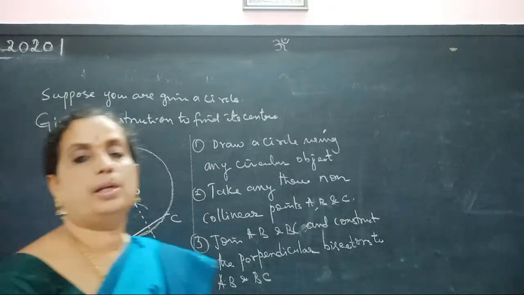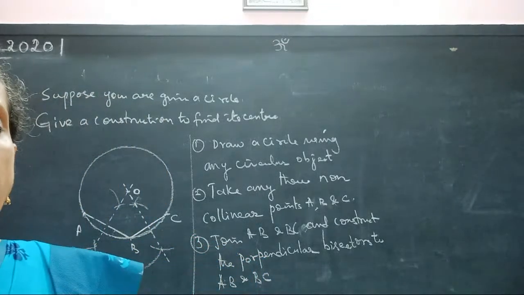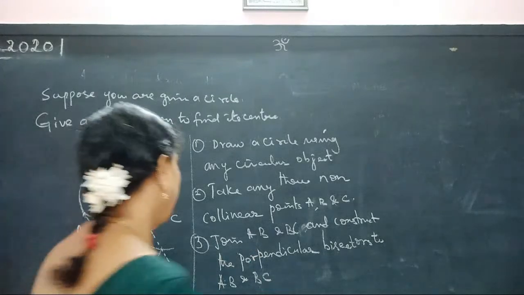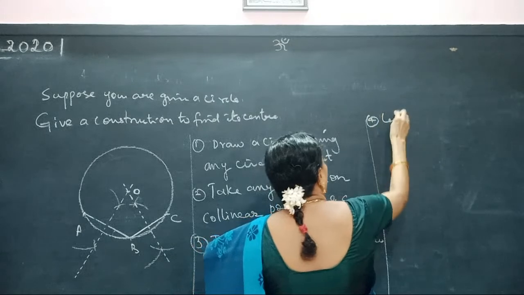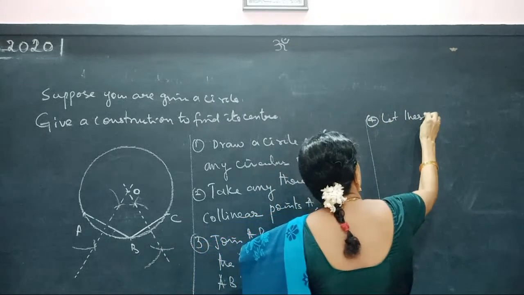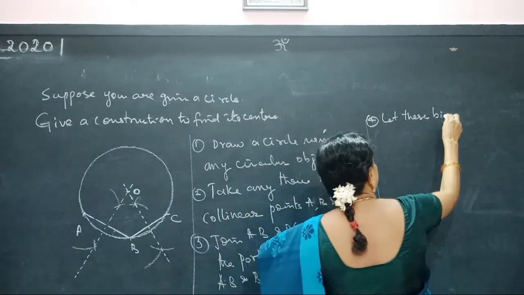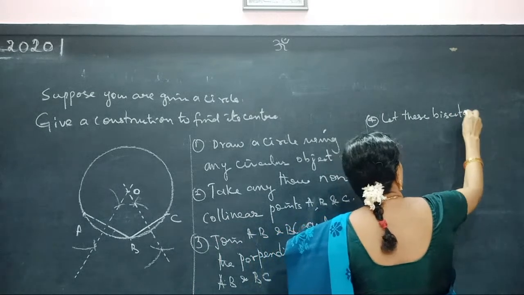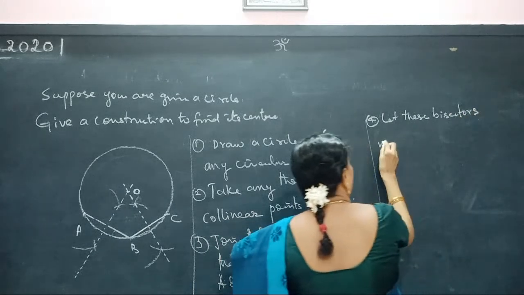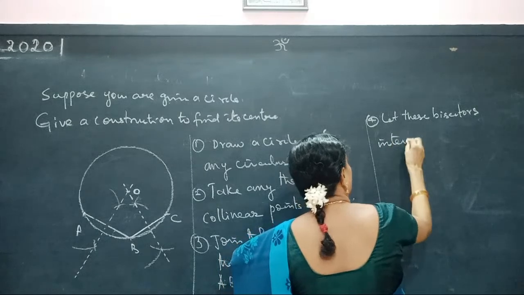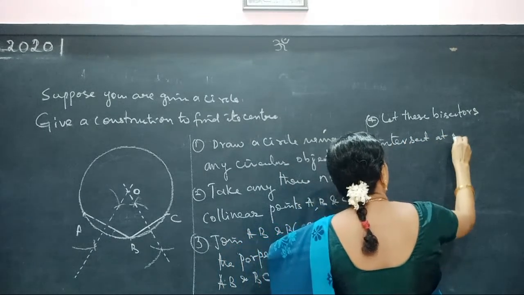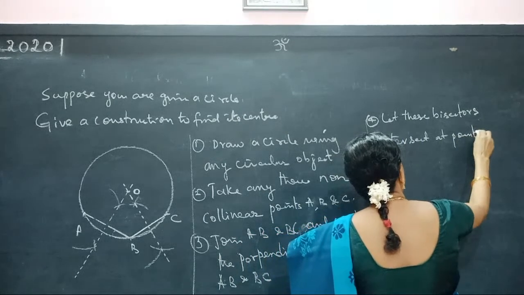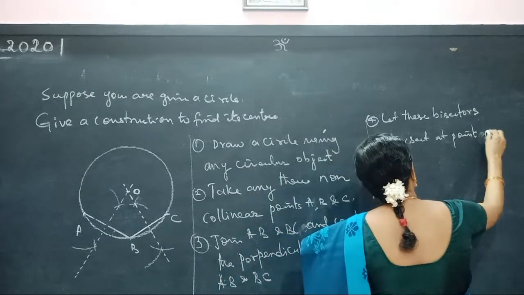Construct the perpendicular bisectors to AB and BC. Next, let these bisectors intersect at point O.